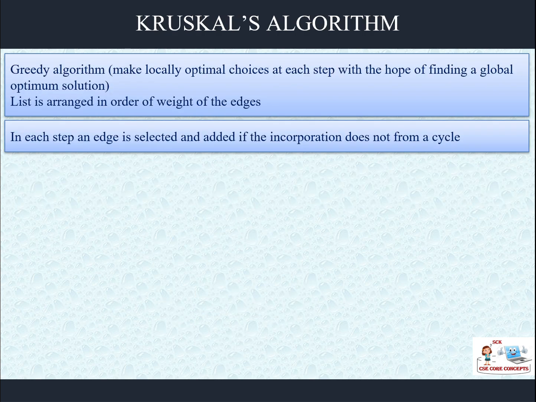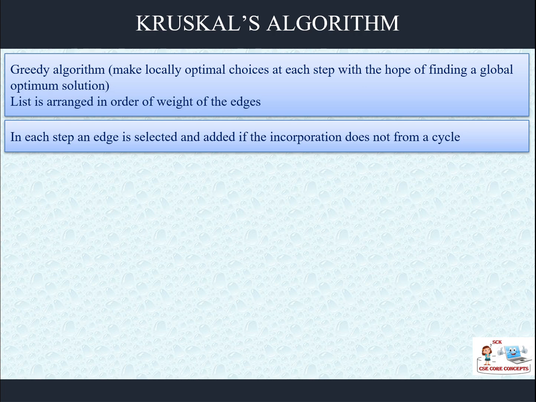So basically, we are going to start with the interesting algorithm called Kruskal's algorithm, which is a greedy algorithm. What do we mean by a greedy algorithm? It makes locally optimal choices with the hope that I will find a global optimum solution.